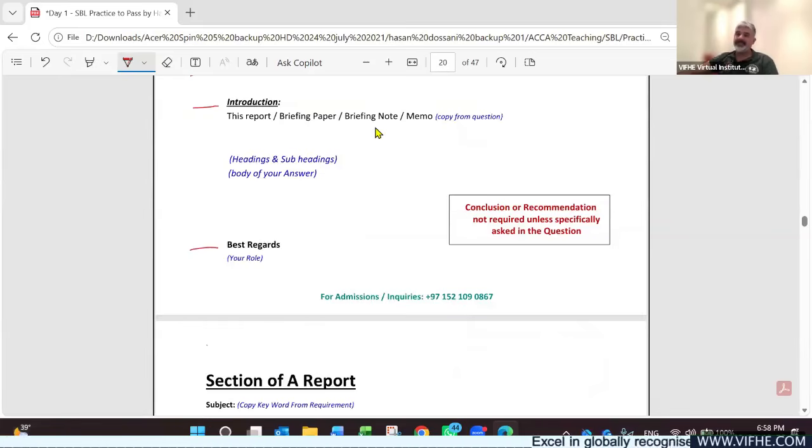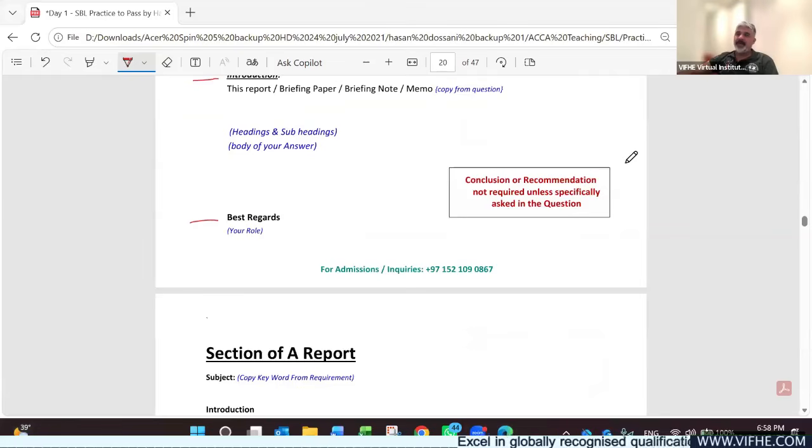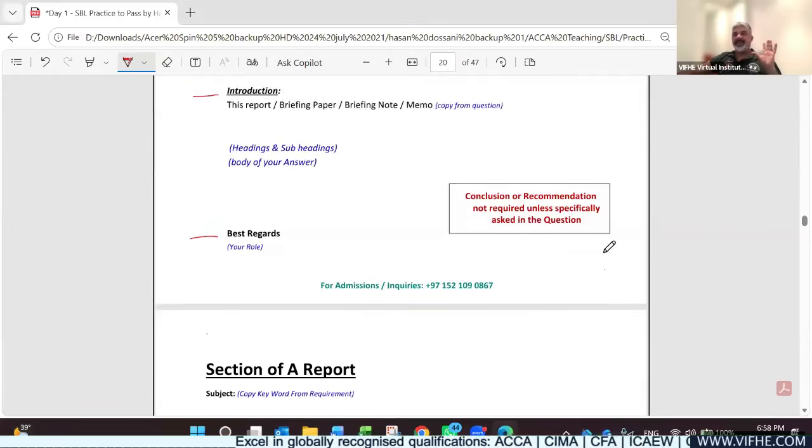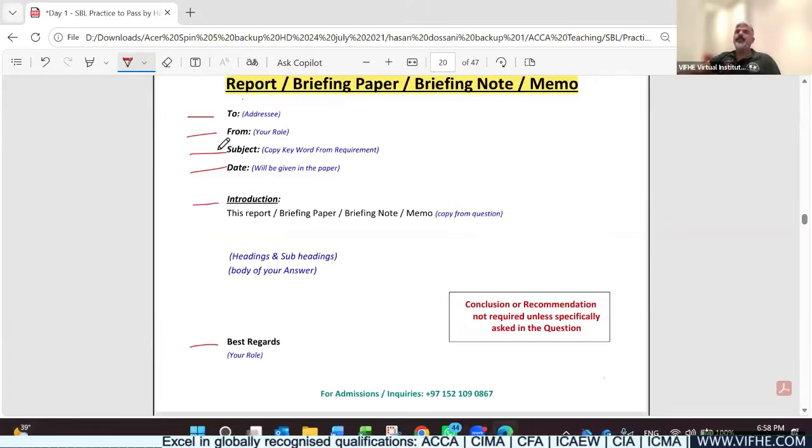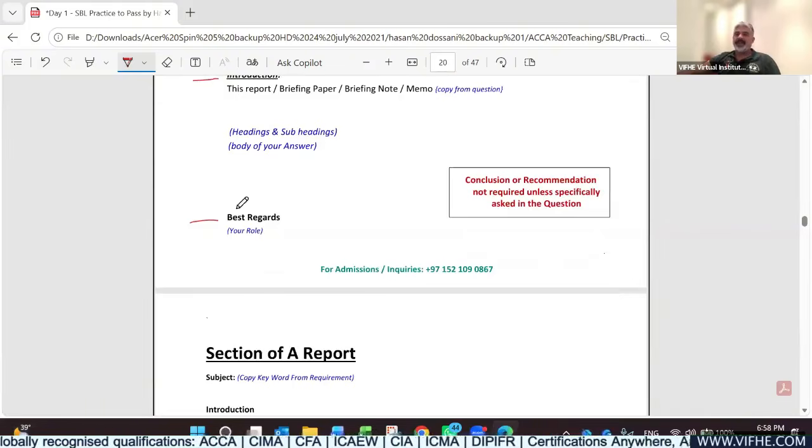How many things, guys? A standard format includes how many headings? Quick, everybody. 6 standard headings: to, from, subject, date, introduction, and the last ending note is called closure.